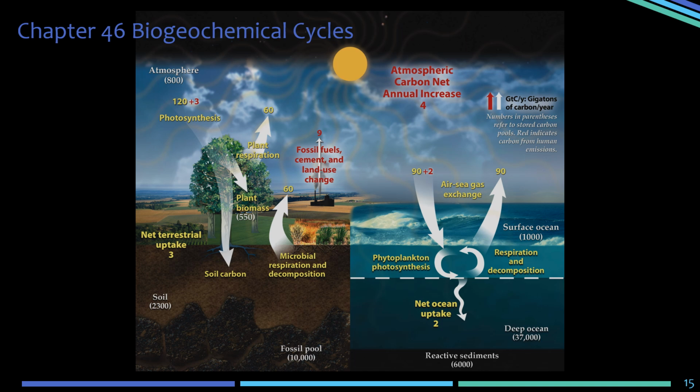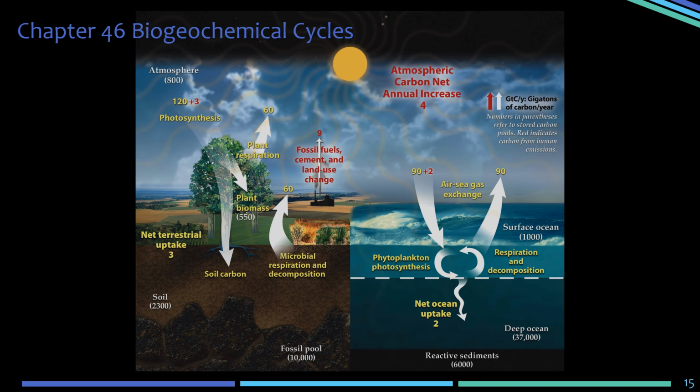You will need to know the major sources of the different chemicals, so sources of carbon, phosphorus, and nitrogen, natural and man-made sources, and also which versions of these chemicals are available to living organisms and which ones are biological molecules that are important.